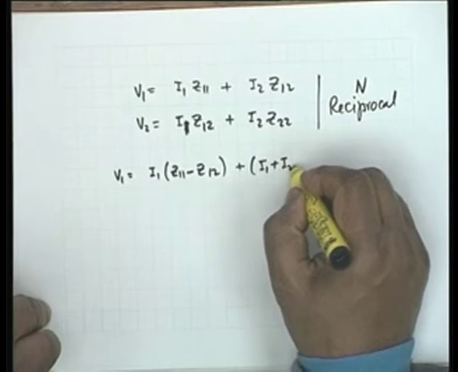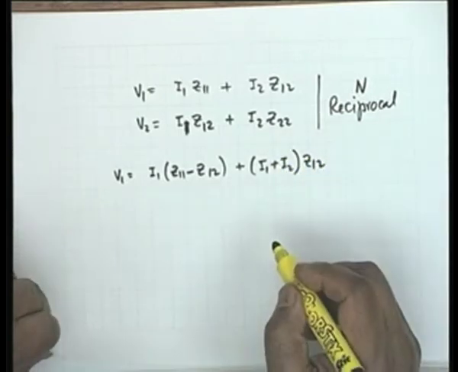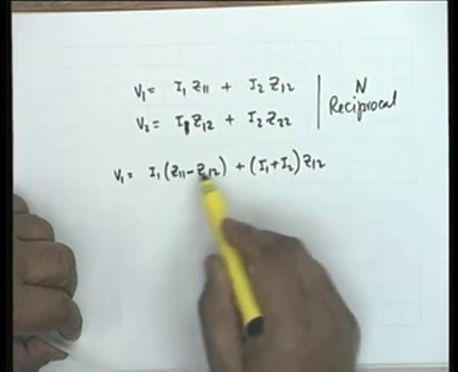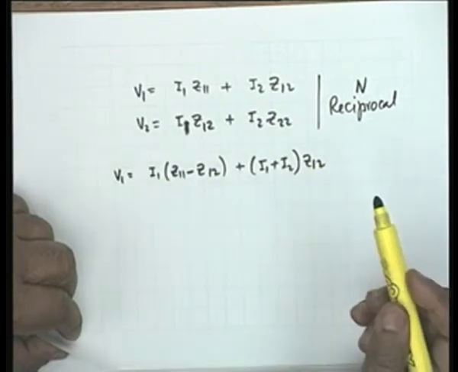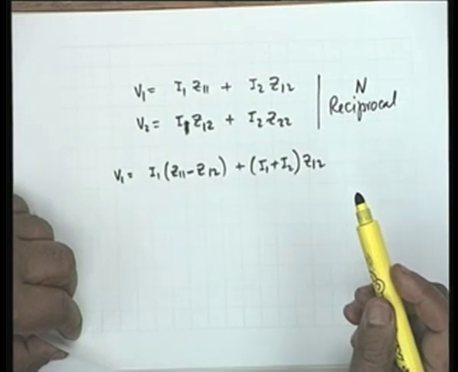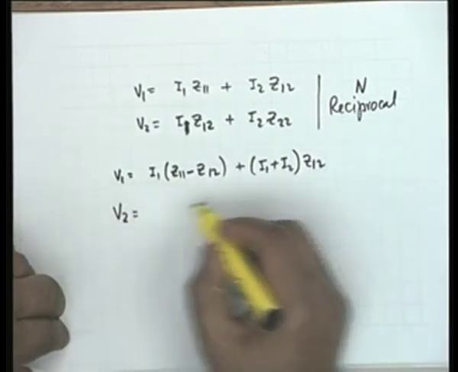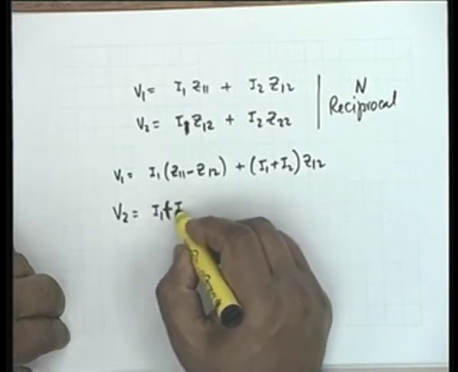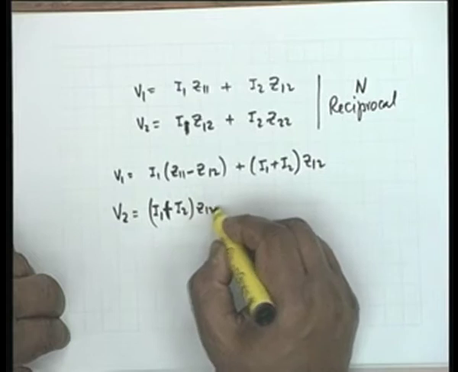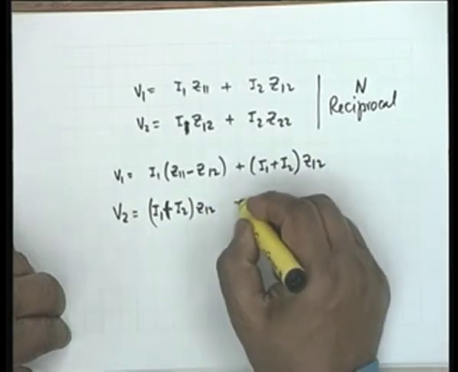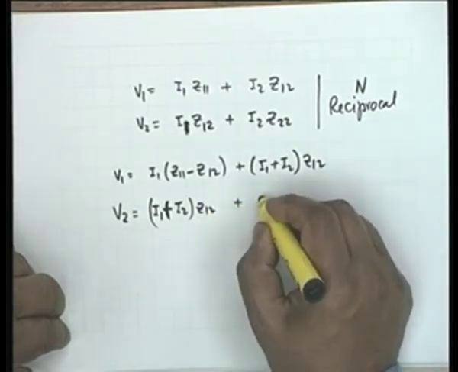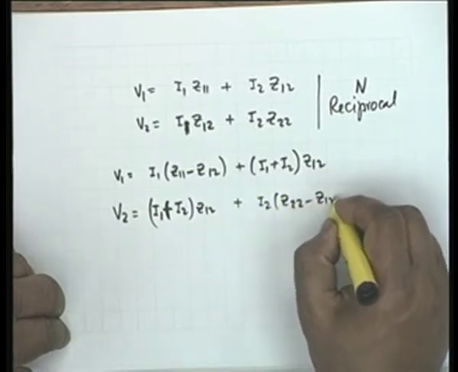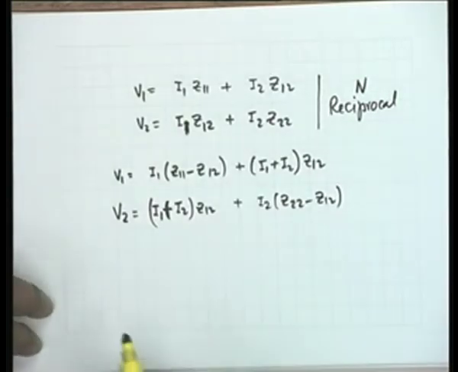So I get (I1 plus I2) multiplied by Z12. Agreed? No question? And similarly, in V2, I can write (I1 plus I2) Z12, and then I must subtract I2 Z12. So I write I2 times (Z22 minus Z12). All right, no harm done.